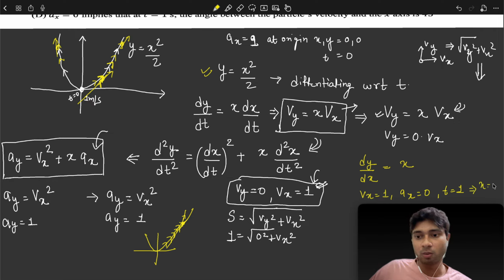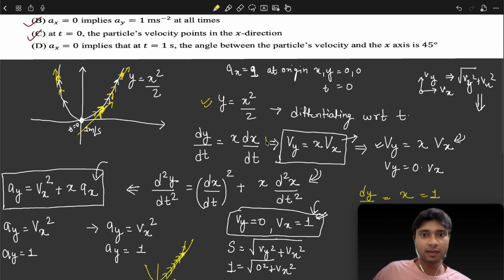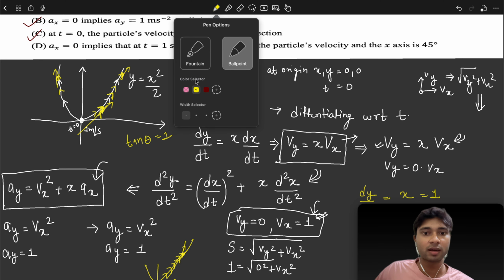So x will be 1, and hence dy by dx is equal to 1. It means the slope is 1, so tan theta is 1, which means theta is equal to 45 degrees. So this option is also correct. D option is also correct.